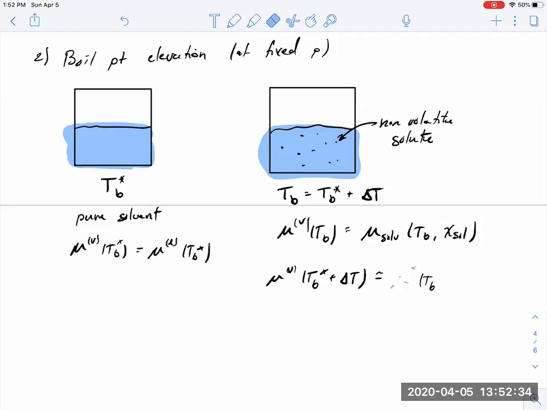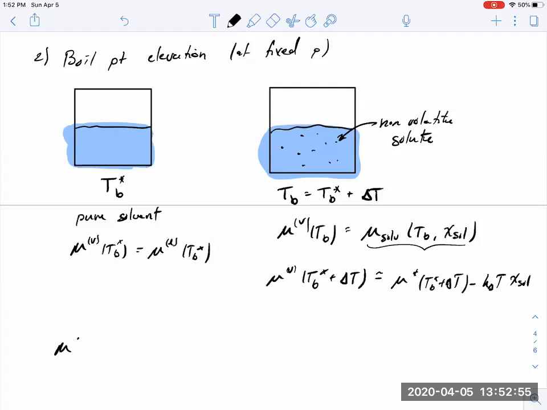Let's say this is the side for the solution. So this is equal to what it would have been in the pure solvent at T_B plus delta T, and the contribution of the solvent chemical potential with non-zero solute.